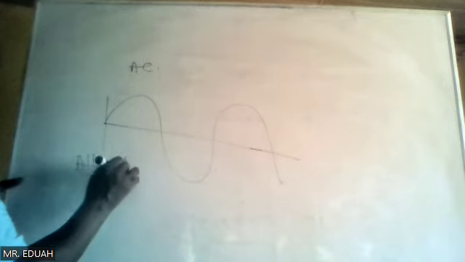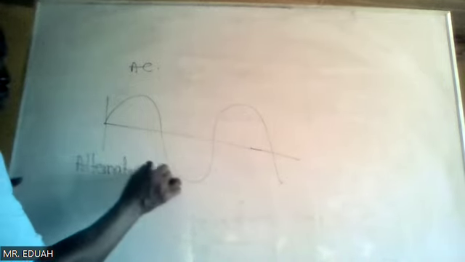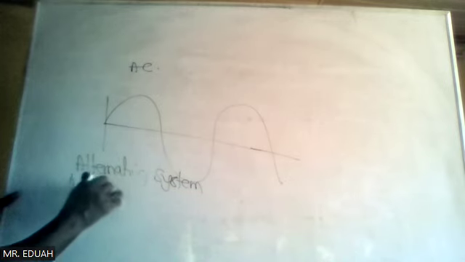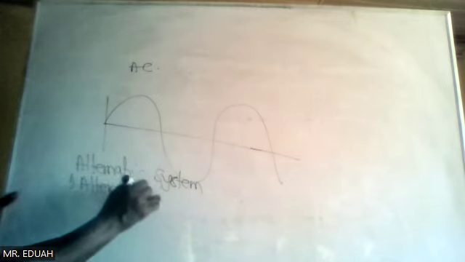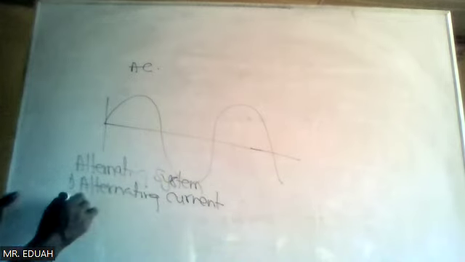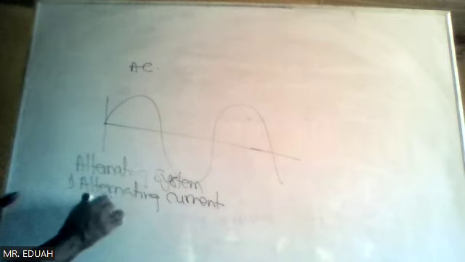When we talk of alternating systems, here we refer to alternating current and alternating voltage.